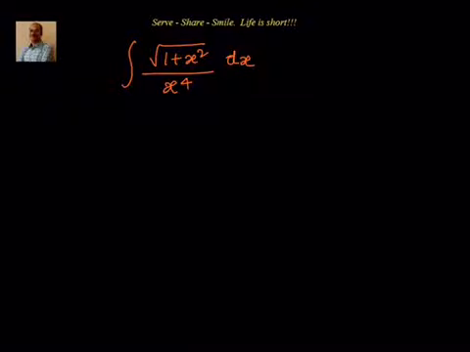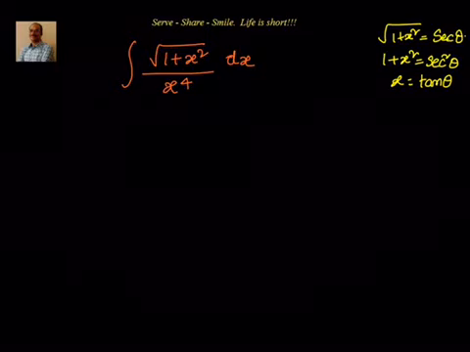Safely I can take x equals tan theta, then 1 plus x square will be secant square theta, then square root of 1 plus x square will be secant theta. That is pretty good to start with. We also know dx equals secant square theta d theta. Now let's substitute this.